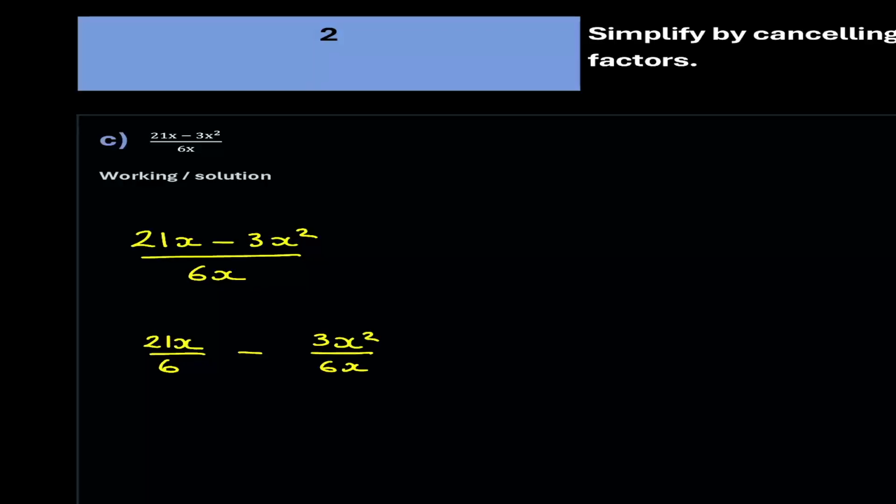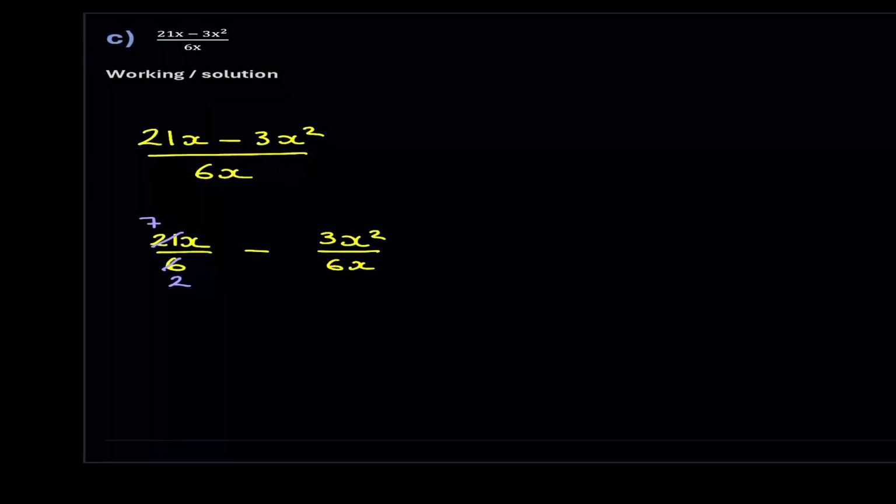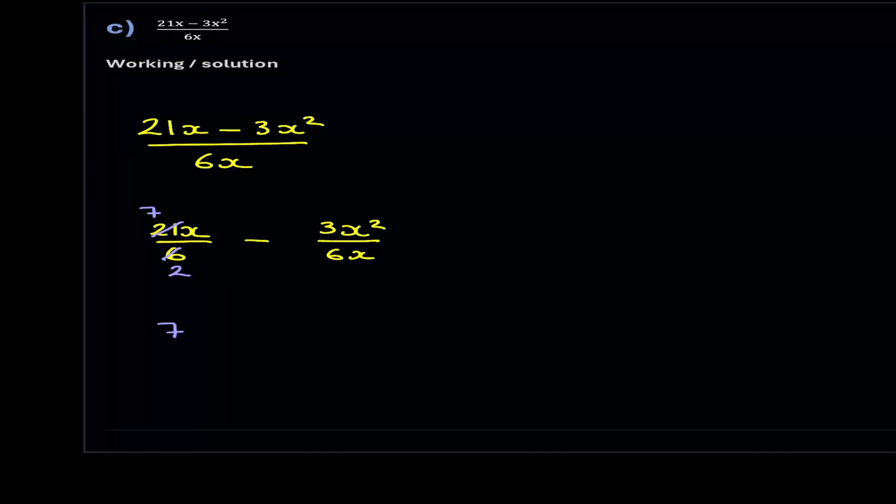21 divided by 6: 3 goes into both of them. So we could simplify it by thinking about how many times 3 goes into 21 and into 6. 3 goes into 21 7 times and 3 goes into 6 twice. So that simplifies to 7x on 2. Then we've got 3x squared divided by 6x.